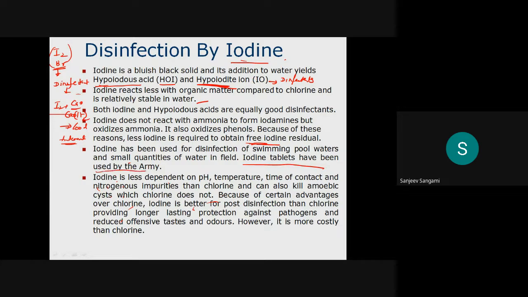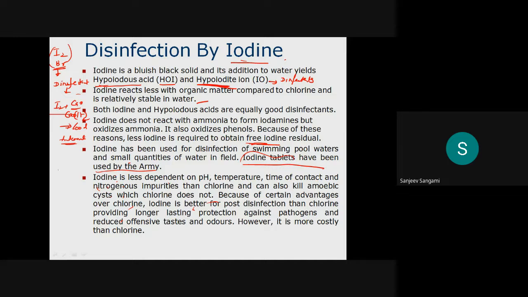In army sectors, sometimes they have to use the water wherever they stay. Sometimes it is not possible to provide a proper treatment facility at the point where the army people will stay. In those cases, iodine tablets will be used whenever they want to disinfect the water. They can use these tablets and kill the pathogens.